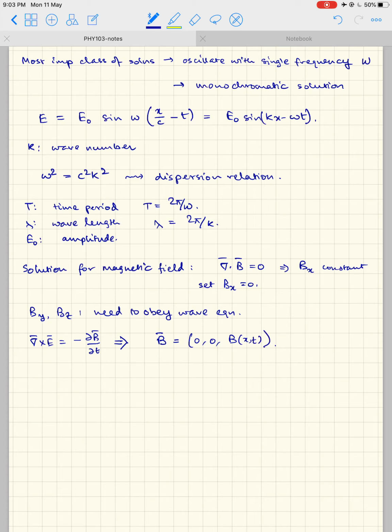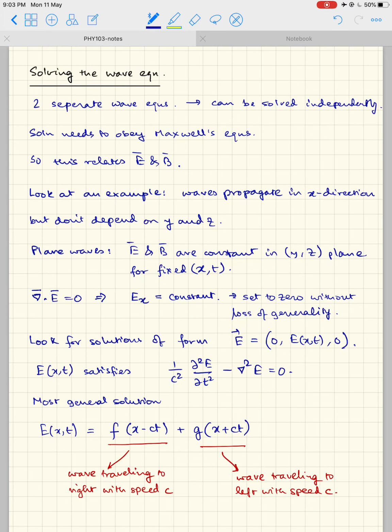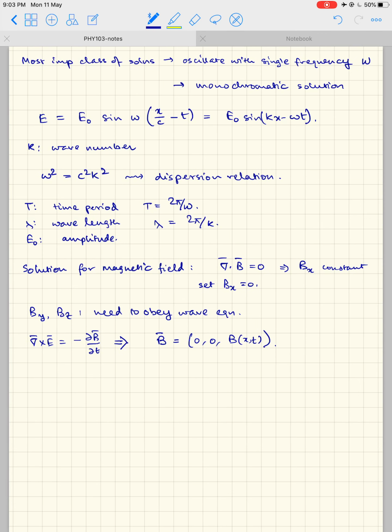Since E has the form 0, E_y, 0, the curl of E, which equals minus the time derivative of B, can only have a non-zero z component. So this B_z(x,t) is going to be related by Maxwell's equations to this.